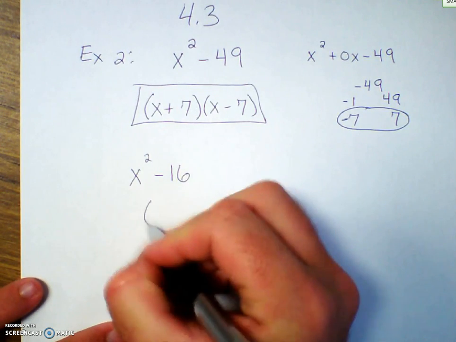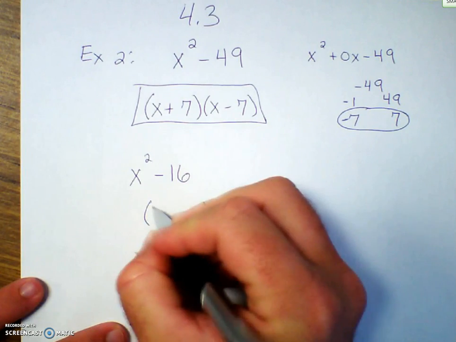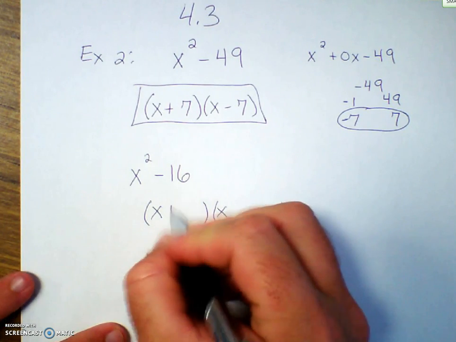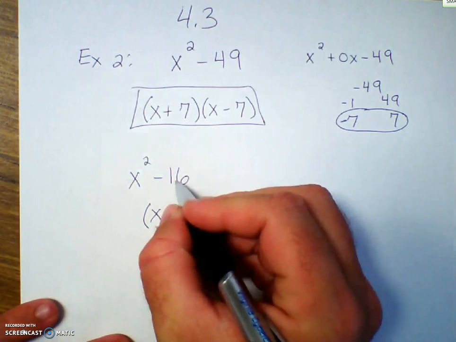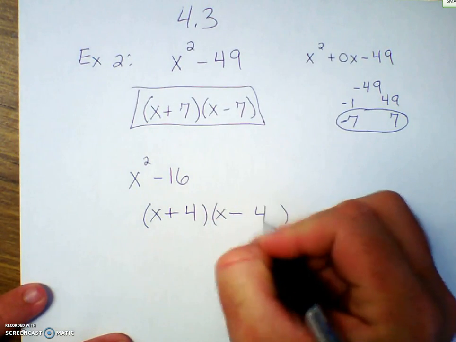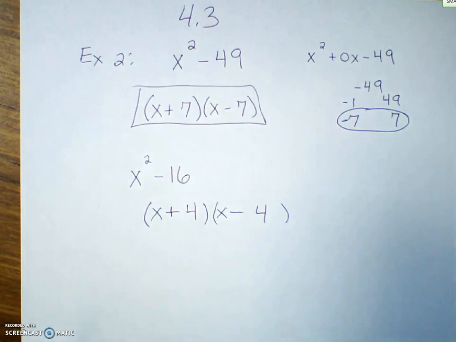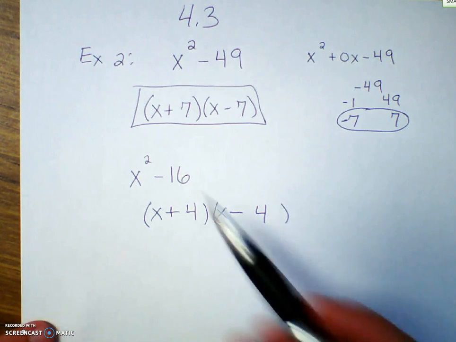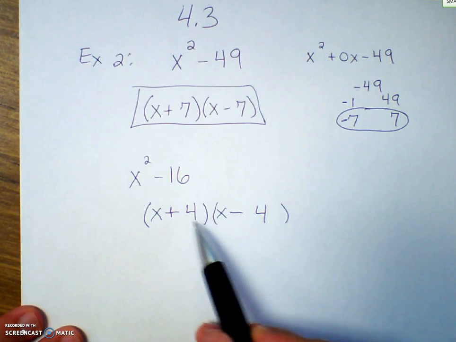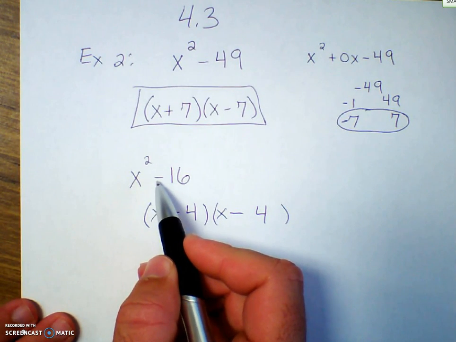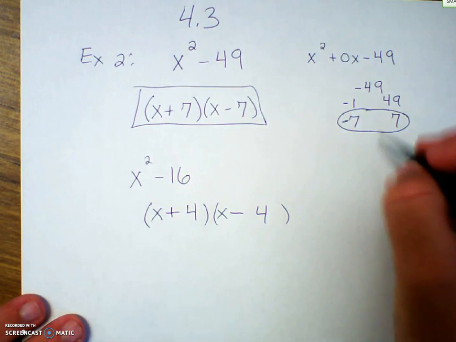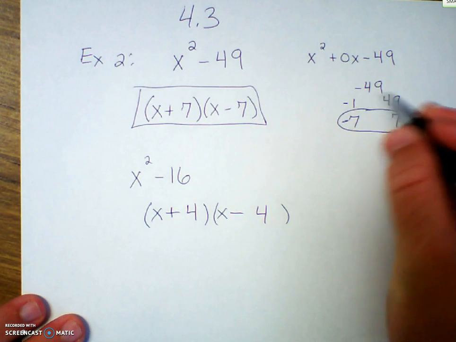And all you're going to do is split up your x's. It will always, always, always be plus and minus. The square root of 16 is 4. But essentially what you're doing is you're finding the factors of negative 16 that add to get you that 0x middle term that's missing. But you don't have to go through the process of showing this step up here.